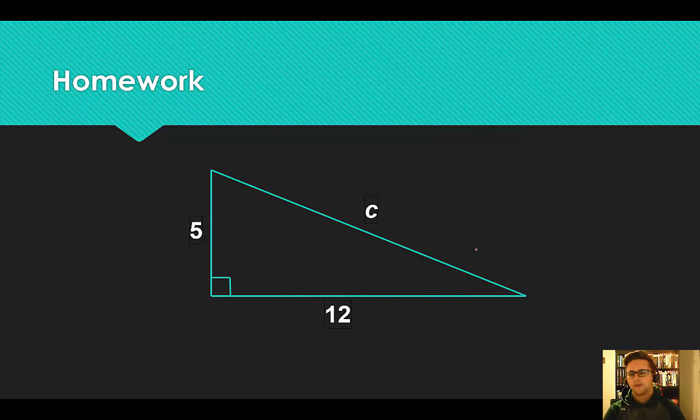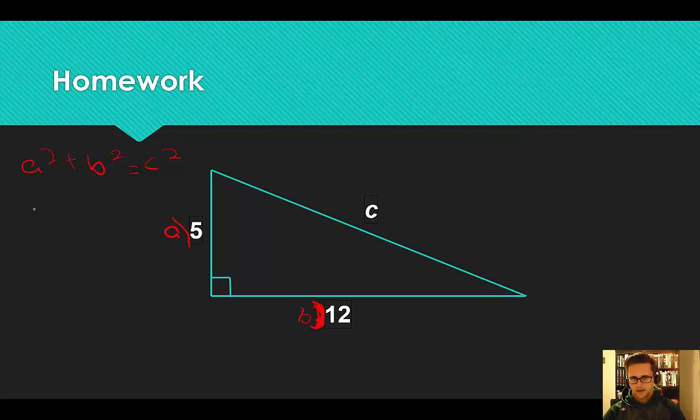So now for your homework, I want you to try to apply the formula yourself. Remember, A and B. Okay, so A squared plus B squared equals C squared.